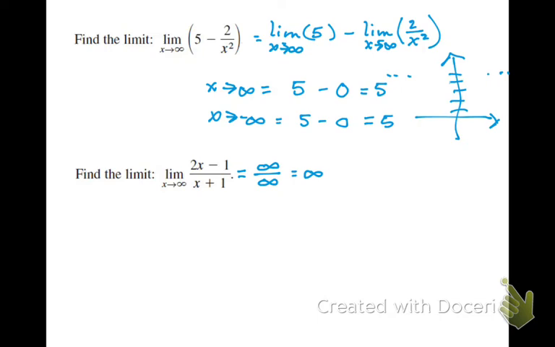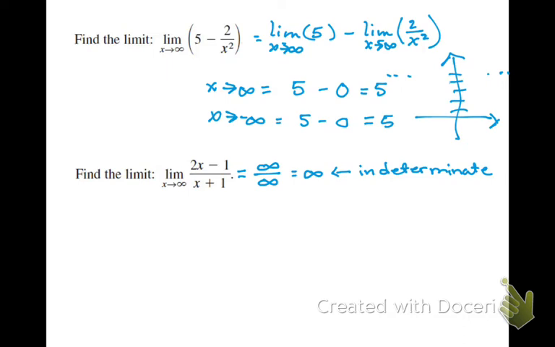Do you guys remember when we used indeterminate for this? It's an indeterminate solution. We don't know. So if it's indeterminate, we have to figure some other way to do it.